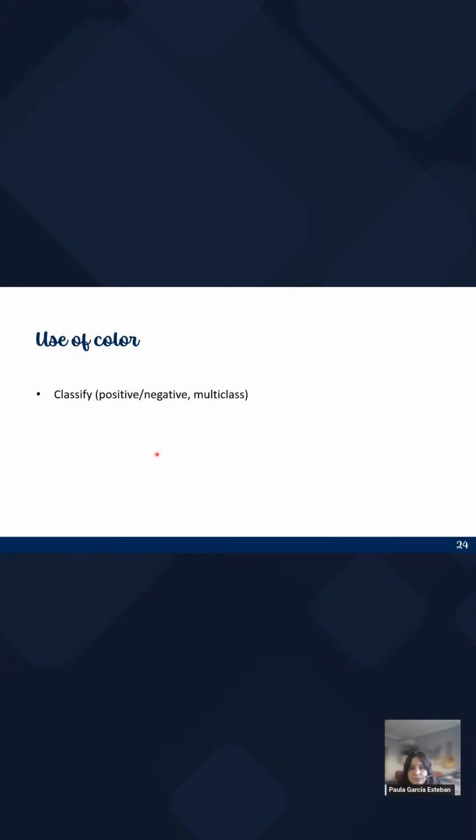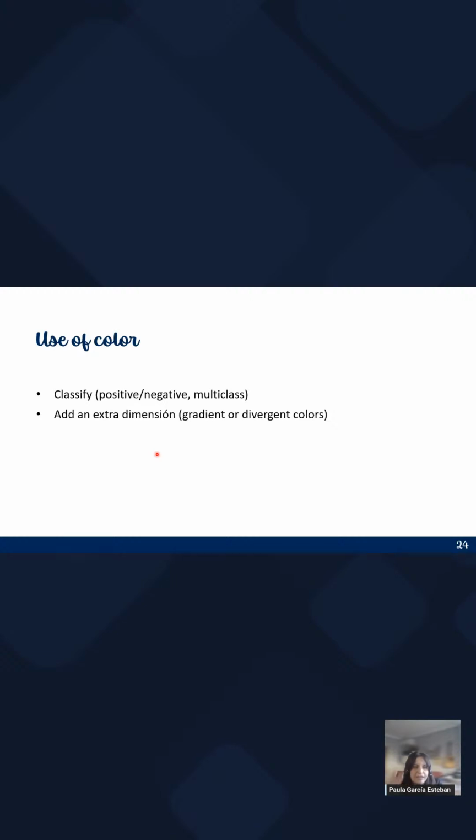First, we can use color for classifying. Positive, negative, green, red. In our culture, Europe, we use green and red for showing positive and negative things. We can classify in a multi-class way. When we put a legend, we use the colors to connect these pieces of information with a specific category. We can use color for adding an extra dimension with a gradient or a divergent color.